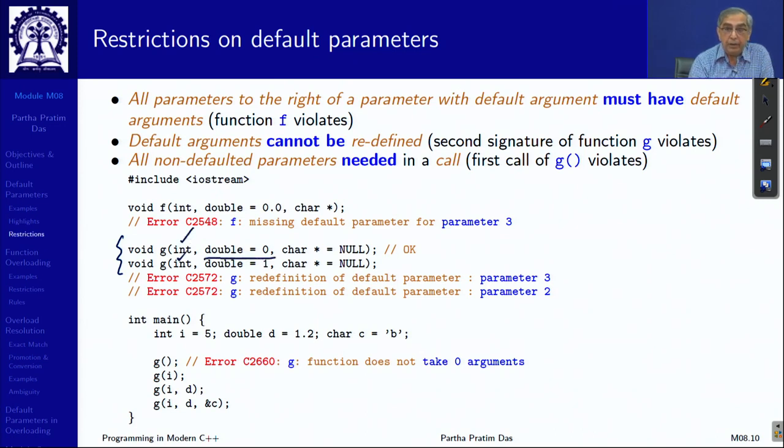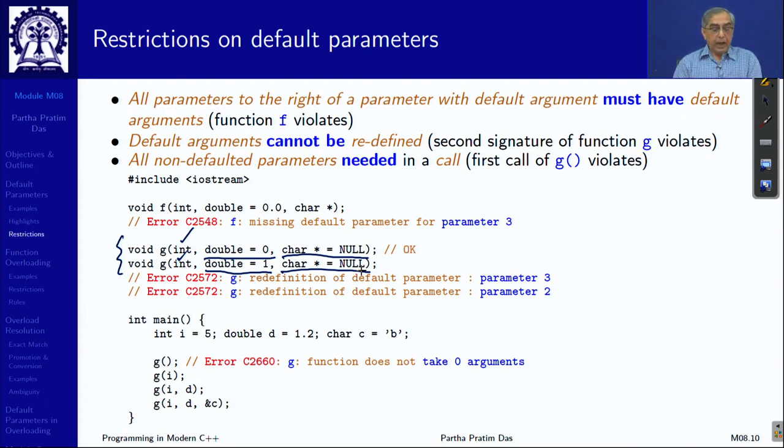In this I have made double defaulted as 0, in this I have made double defaulted as 1. This is not allowed. In fact, this also is not allowed. It will say that you have already provided a default value, you cannot redefine that. Right? So, that will not be accepted in the compilation, because you do not know which of these headers will be used in compiling which invocation of the function in what file, and therefore, there may be confusion.